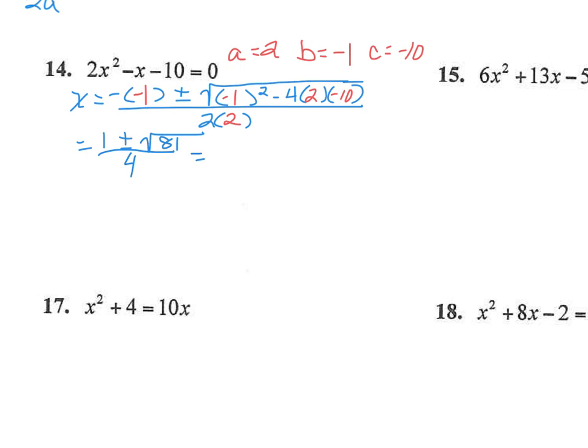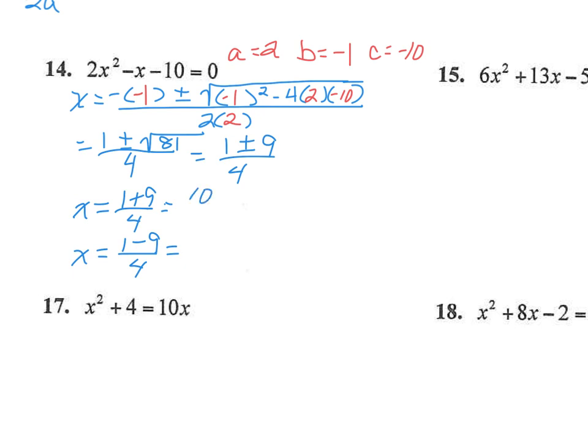So this equals 1 plus or minus the square root of 81, which is 9, all divided by 4. You have to perform that math. So that means x is equal to 1 plus 9 divided by 4, and x is equal to 1 minus 9 divided by 4.